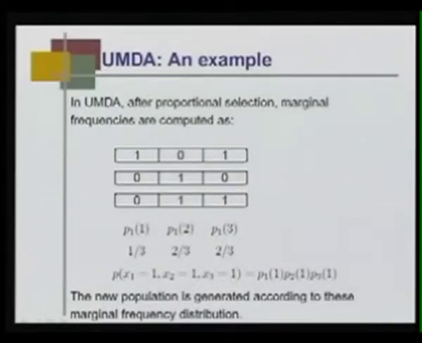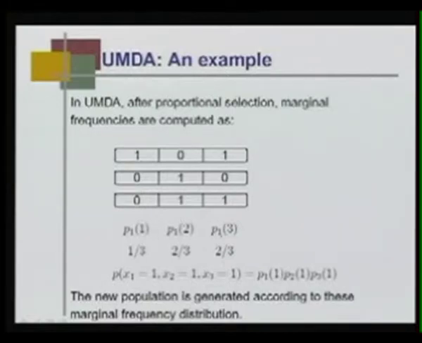As an example, let us say I have strings consisting of 3 bits and I have three such strings. Then you can easily see the marginal frequency of 1 in the first bit is 1 upon 3, the marginal frequency of 1 in the second bit is 2 upon 3, and the marginal frequency of 1 in the third bit is 2 upon 3.